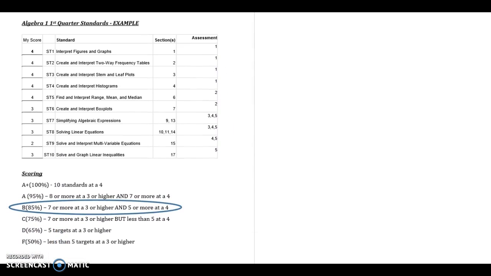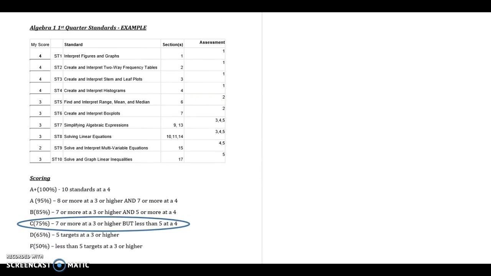In the second example, we have 9 standards at a 3 or a 4. But if we look at the numbers right here, we only have 5 at a 4. So that's not quite A-level work because we're proficient, but we're not excellent at those remaining ones.